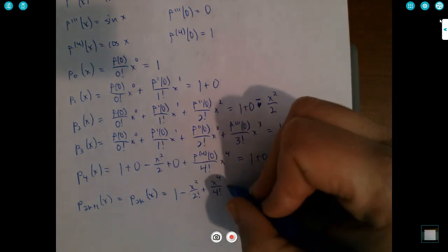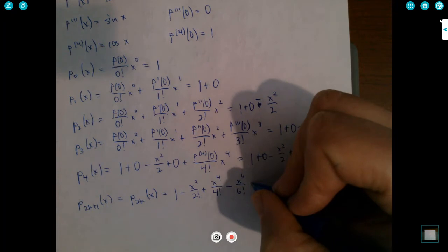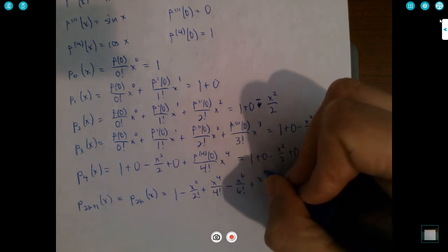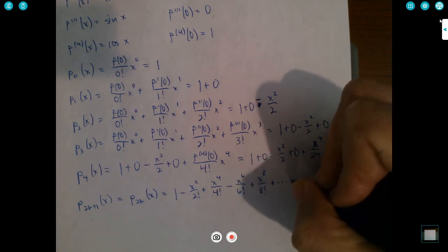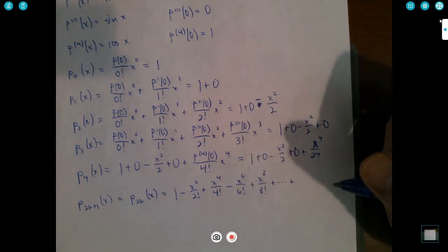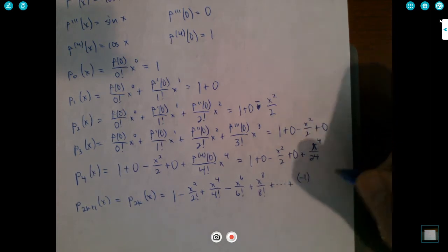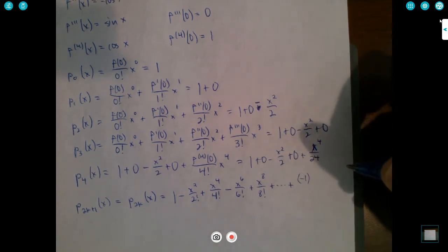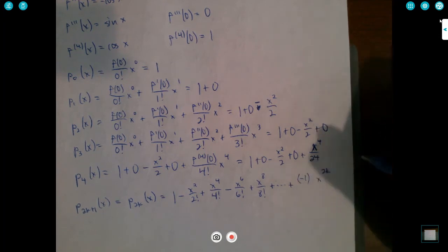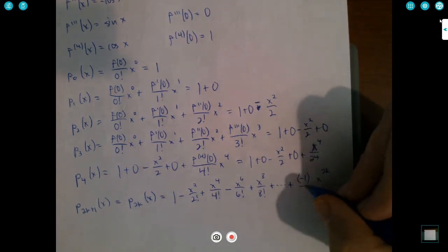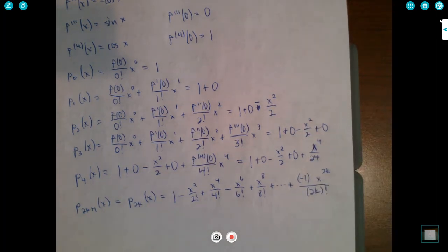So then I suppose it's going to be minus an x to the 6 over 6 factorial, and then plus an x to the 8th over 8 factorial, and so forth, until we get to, so we're going to have a negative 1 to the something in order to get it to alternate. And then we're going to have an x to the 2k, it looks like, divided by a 2k factorial.